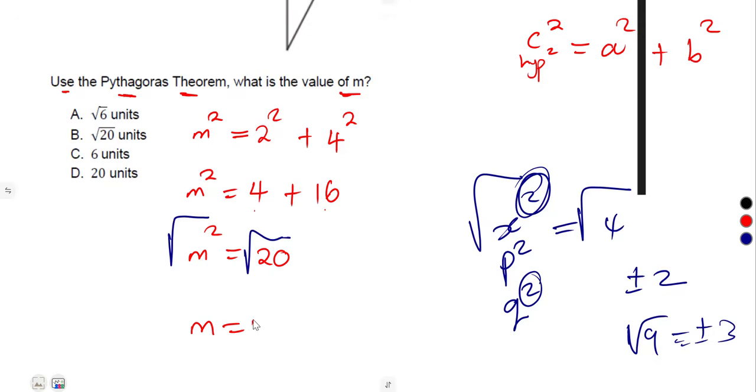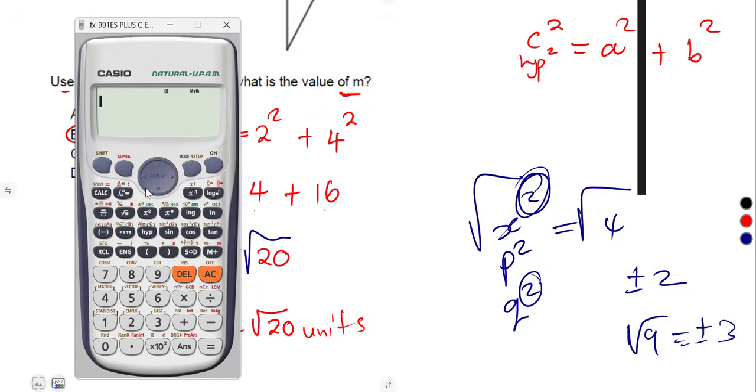We do not know that one. So we're just going to write it as square root of 20. So m is the square root of 20 units. Let's say they gave us answers in decimal form. You're going to simplify that square root of 20. What is the square root of 20? That is 4.47. We do not have anything written as a decimal.